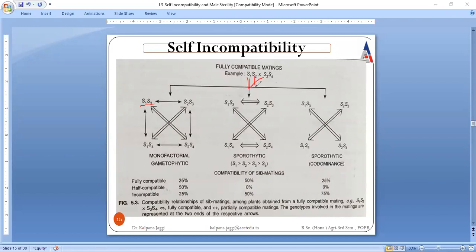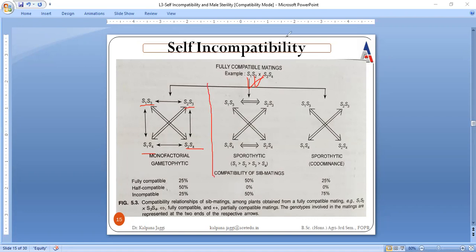Then S2 is crossing with S3, that means S2, S3. Now S1 will cross with S4, that is S1, S4. And now S2 will cross with S4. This is said to be monofactorial. That means S1, S2 is crossing with S3 once, and then it is crossing with S4. This is said to be monofactorial gametophytic.